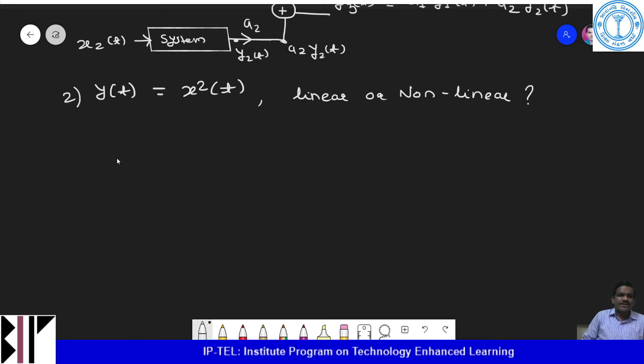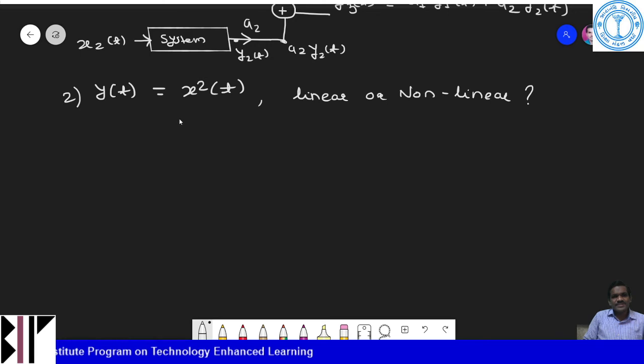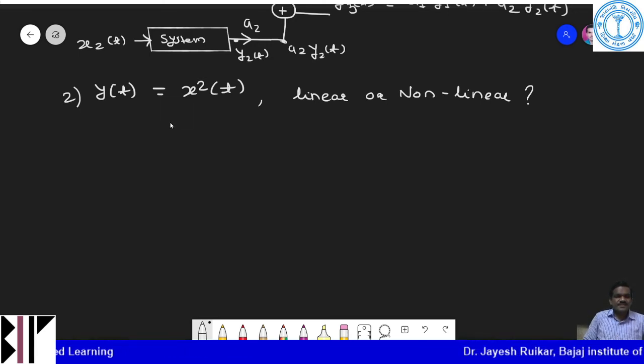Again, we have to see this for two input signals, that is x1 of t and x2 of t.